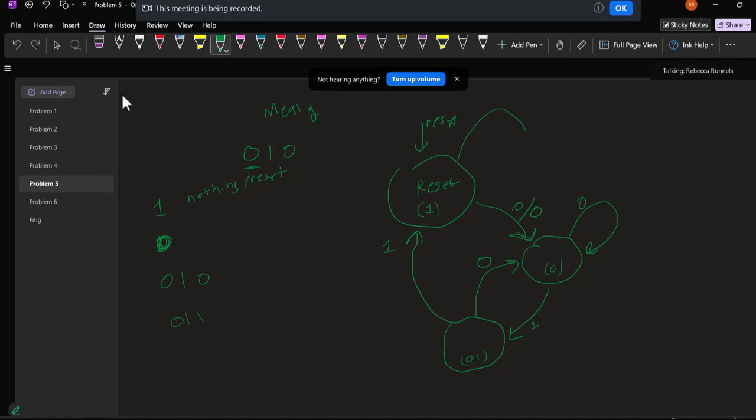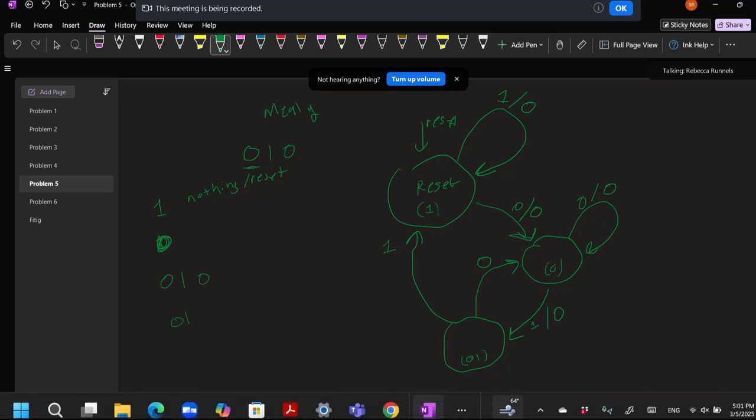If I have a 1 and I get a 1, then my output is 0 and I stay on the 1. If I have a 0 and I get a 0, I'm still in the same state, but I haven't gotten my sequence yet. If I have a 0 and I get a 1, then I've got a 0, 1, so I'm on my way, but I'm still not there yet, so my output is 0.